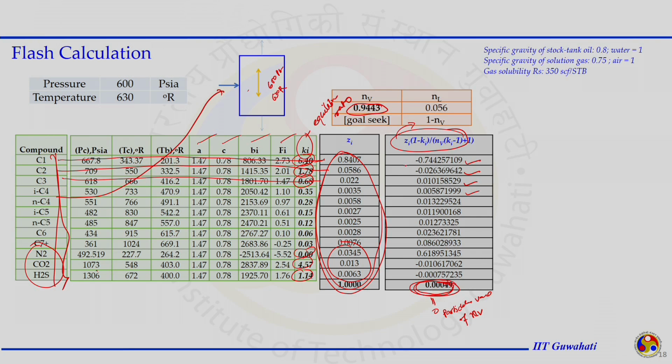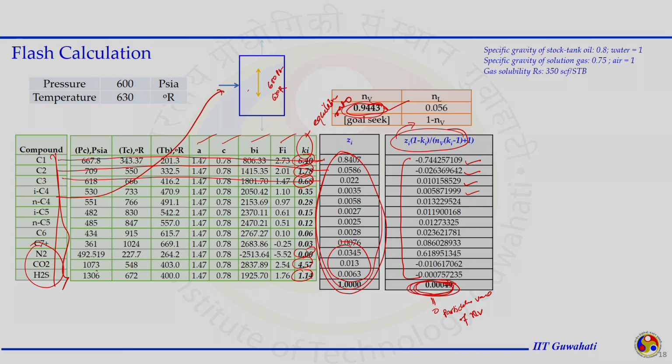So, what can we do? We put the summation here; we want this cell to be 0 while changing the cell Nv, and when we perform the goal seek we get the answer: the Nv value is 0.9443.